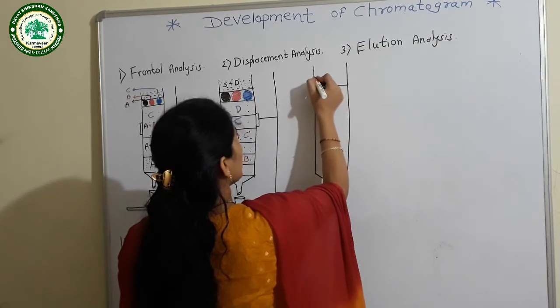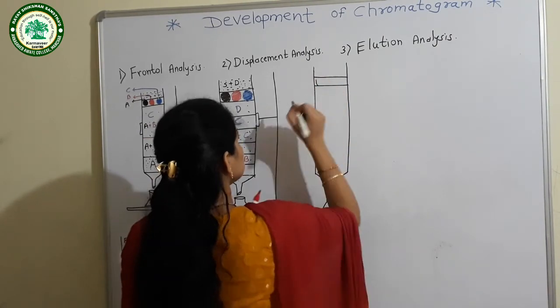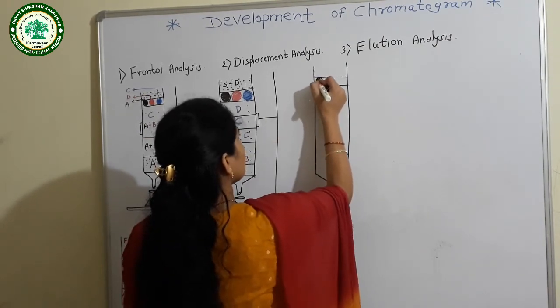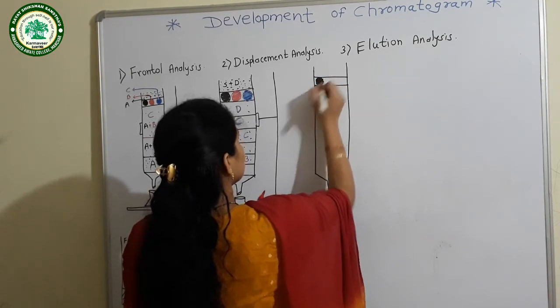Here also we are taking a mixture of components. First is the A component, which is black color.